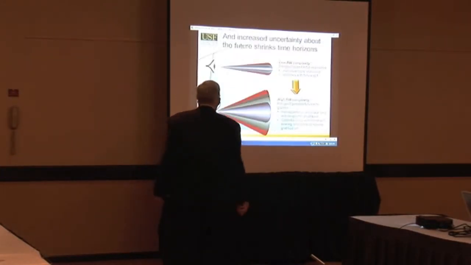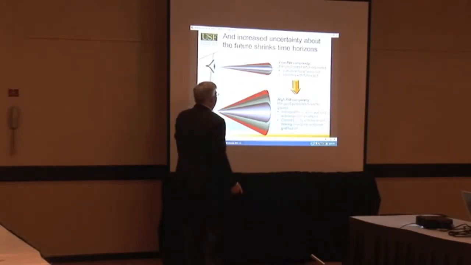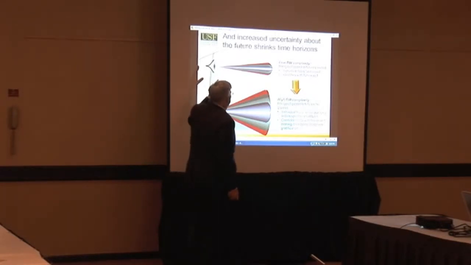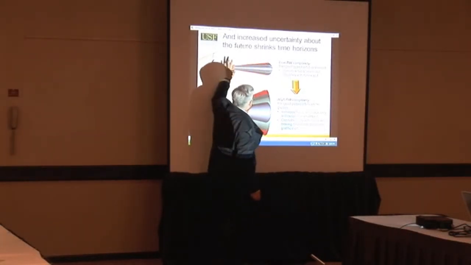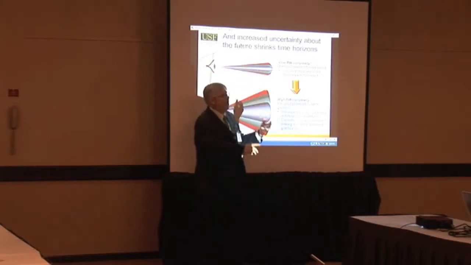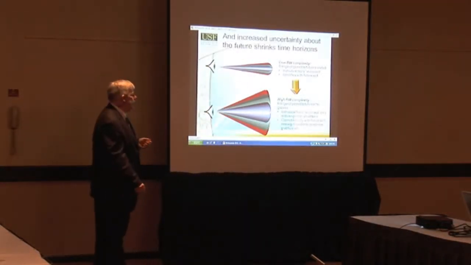It will also tend to shrink our time horizons because when you have low real-world complexity, you can look out in the world and the band of uncertainty grows relatively slowly. That makes you feel in control, and it helps you identify with your future self.